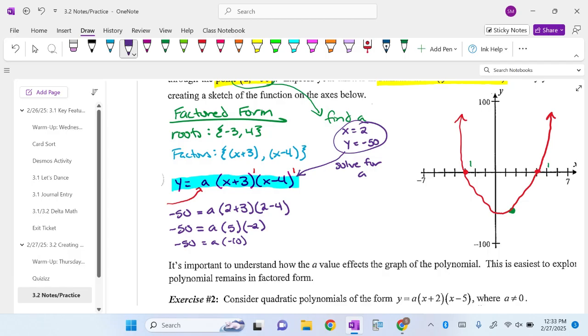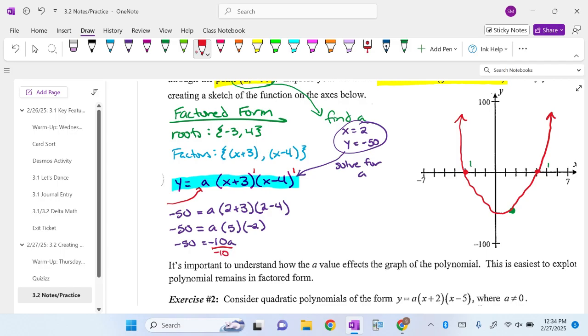How do I solve for a? Someone besides Jasmine. How do I get the a by itself? You may recognize it better as this. How do I get the a by itself? Say it one more time. Not add the 10. Divide by the negative 10 because we're multiplying the negative 10 to the a.